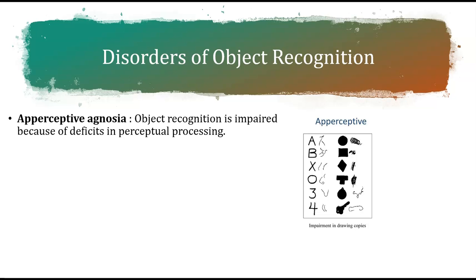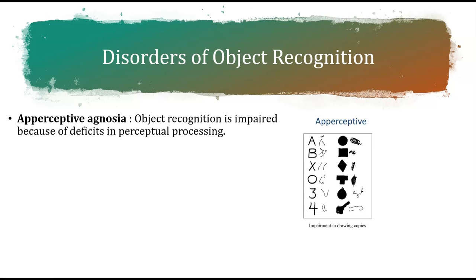Insights into the processes involved in object recognition have been obtained by studying brain damaged patients who have deficits in object recognition. These patients suffer from what's called visual agnosia. This is a condition in which patients have problems in recognizing visual objects even though visual sensations still reach the brain.